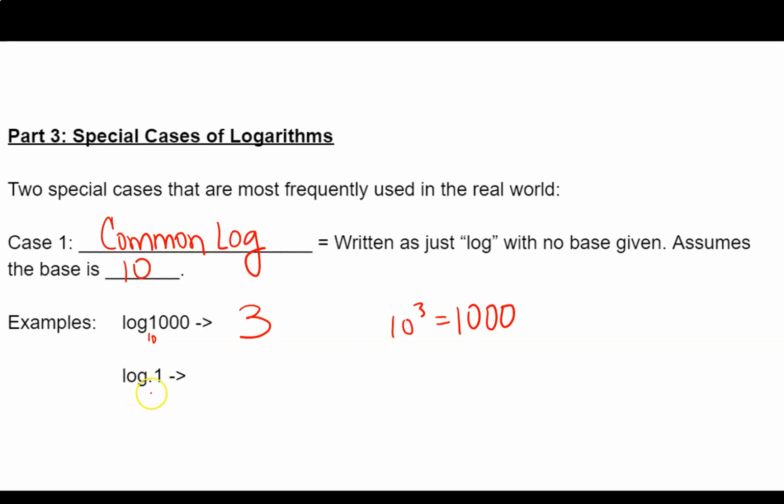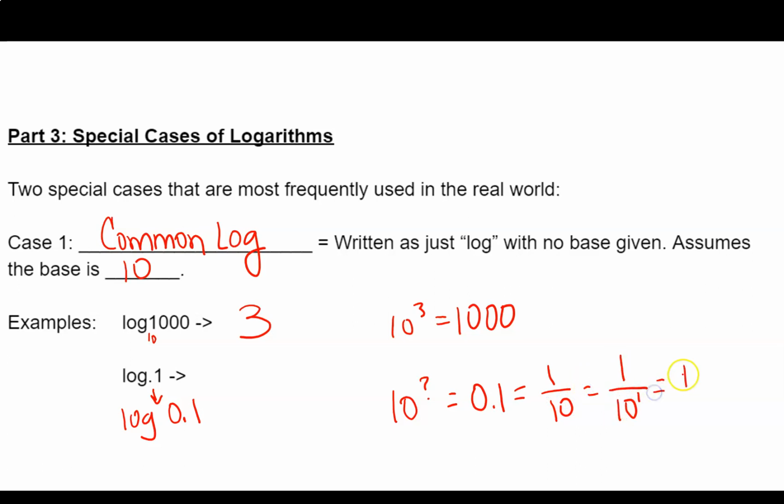This next one, log 0.1, is saying 10 to what exponent equals 0.1? Well, 0.1 is 1/10, which is 1 over 10 to the first power, which we'd write as 10 to the -1. So this should equal -1.